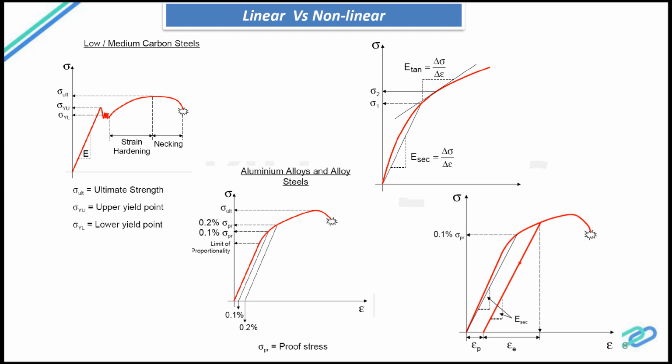And over here I have put the perfect nonlinear behavior, and you can see I have put a graph of some materials such as cast iron and concrete, which don't clearly exhibit any linear regions and plastic regions.